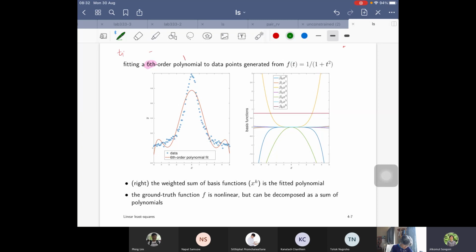The right-hand side shows when we break down each component, because we use the 6th order. So you're going to have beta 1 x1 ... beta 6 x to the 6th. All right.